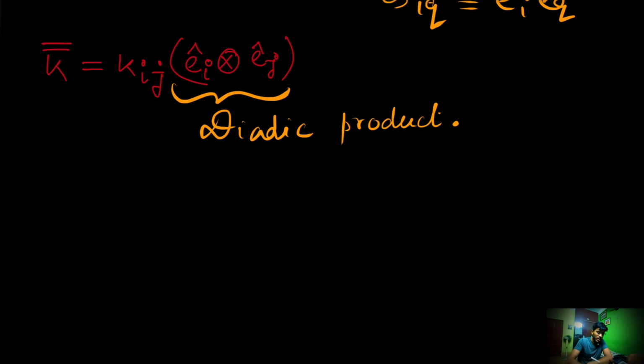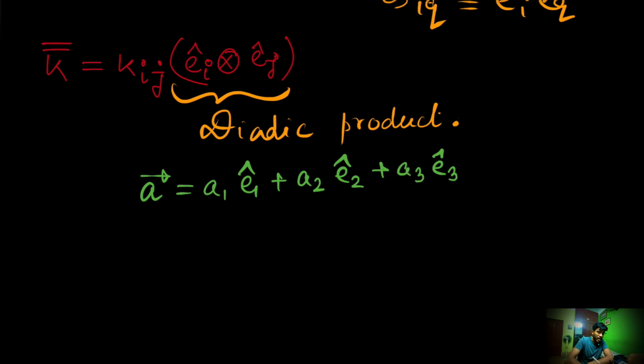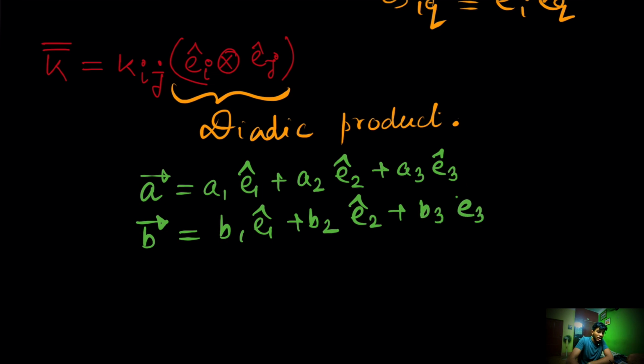If I have two vectors, one is A, that is equal to A1 E1 cap plus A2 E2 cap plus A3 E3 cap, and I have another vector B that is equal to B1 E1 cap plus B2 E2 cap plus B3 E3 cap.